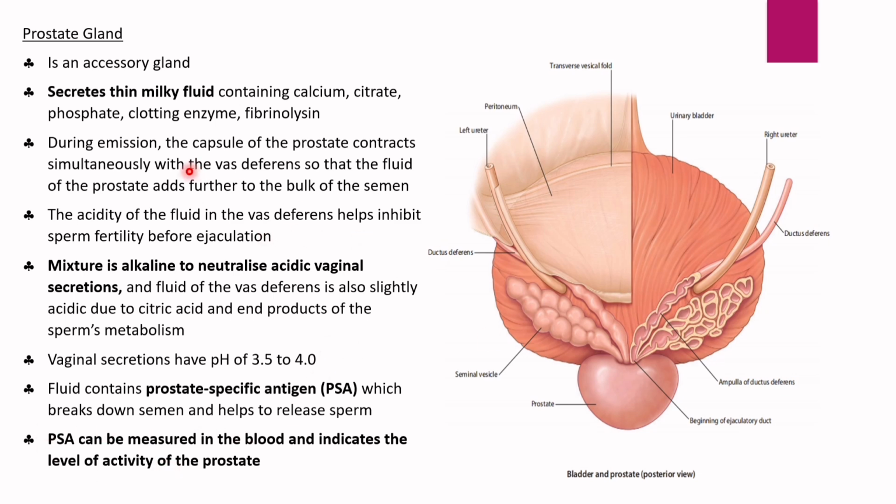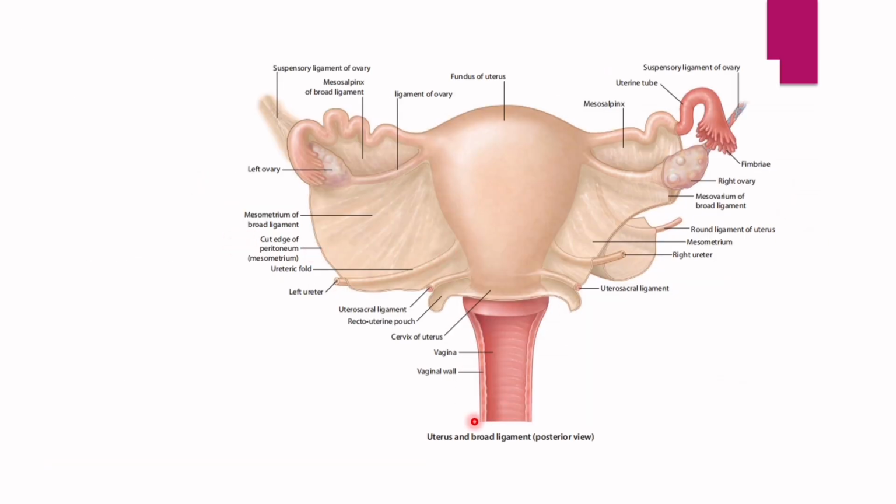So this is the female reproductive tract, which has a vagina, the cervix, the uterus, and the fallopian tubes. Fertilization happens in the fallopian tubes, somewhere here. So the sperm have to move and move.